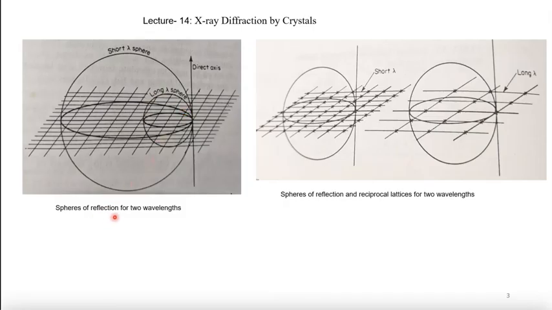Here we can see the sphere of reflection and reciprocal lattices for two wavelengths. With the shorter wavelength, we have compressed reciprocal lattice points. With the longer wavelength, we have enlarged reciprocal lattice points, which you can see here.